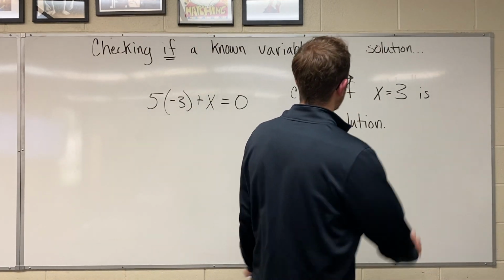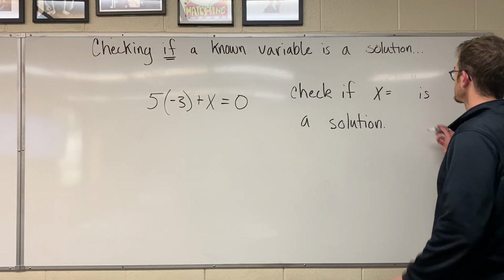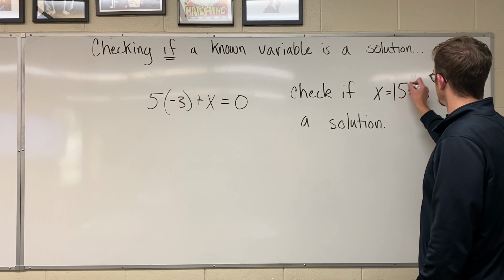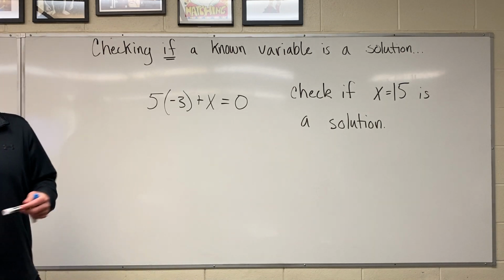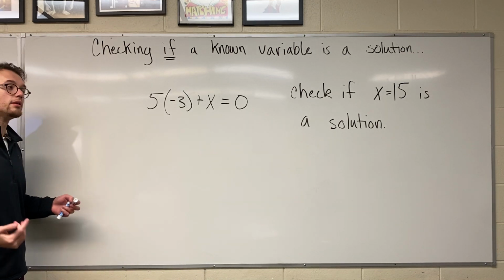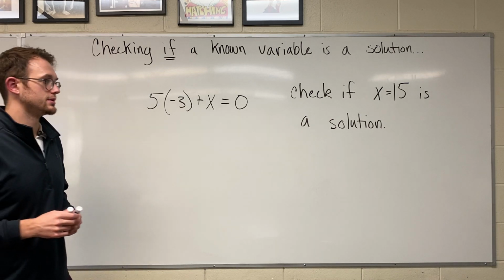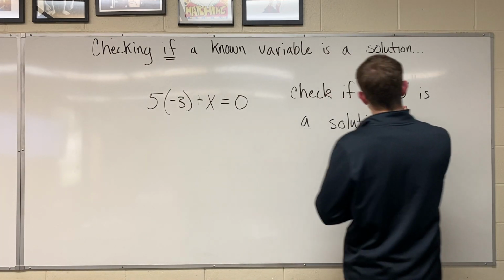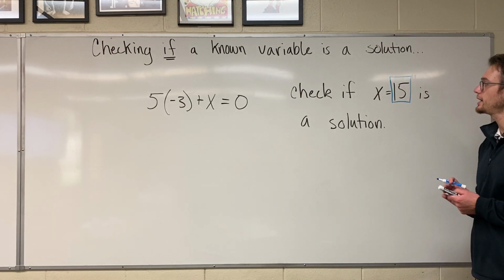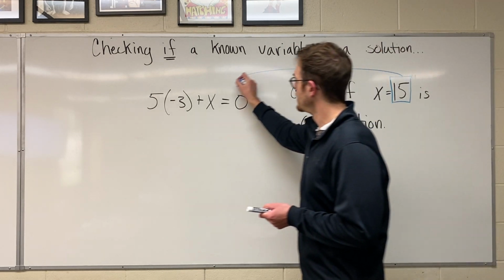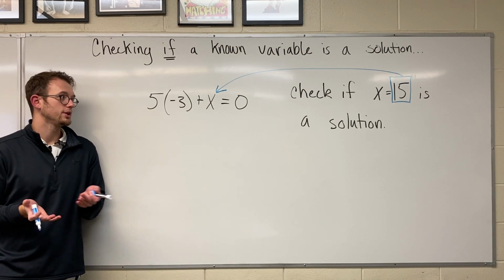And what we're going to want to check is, let's check for x equals negative 3. So I want to substitute in what I'm trying to check is a solution. So I want to check if this is a solution, and I check that by substituting it in where x should go.